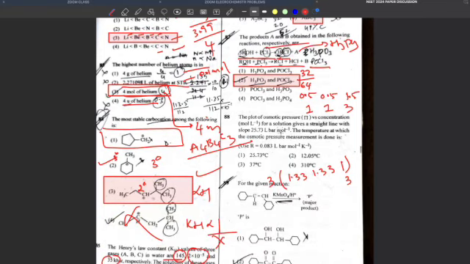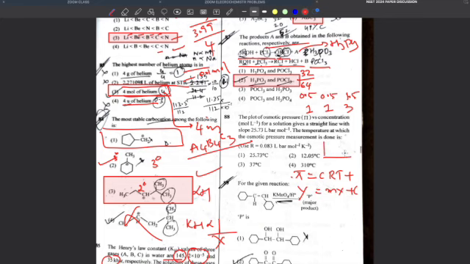Next, a plot of osmotic pressure versus concentration of solution gives a straight line with slope 2.5 liters per bar. The osmotic pressure relation is given as. We should draw the graph. The graph is pi equal to CRT plus some constant. This is y equal to mx plus c.